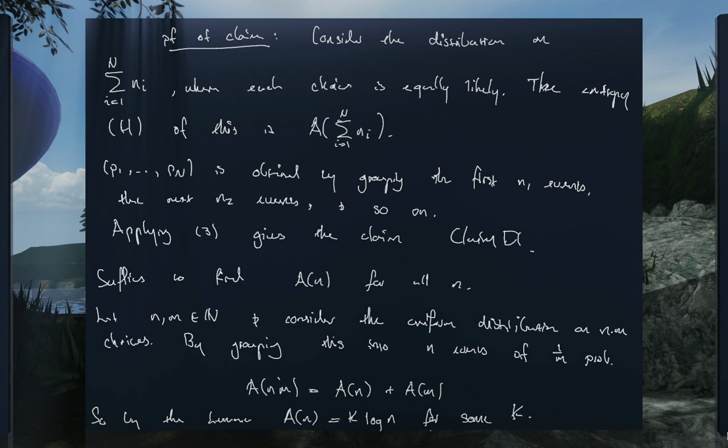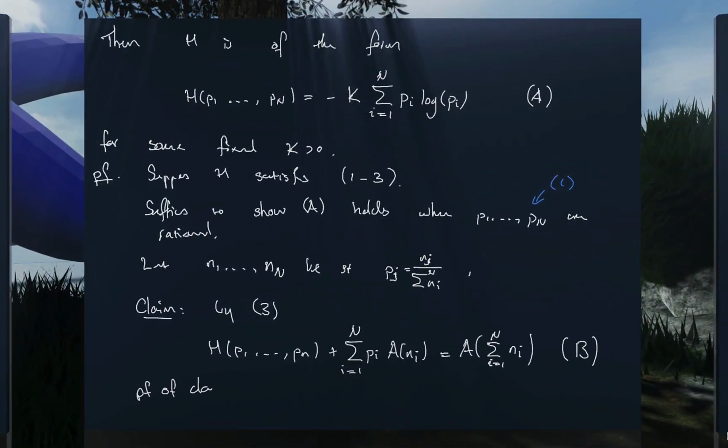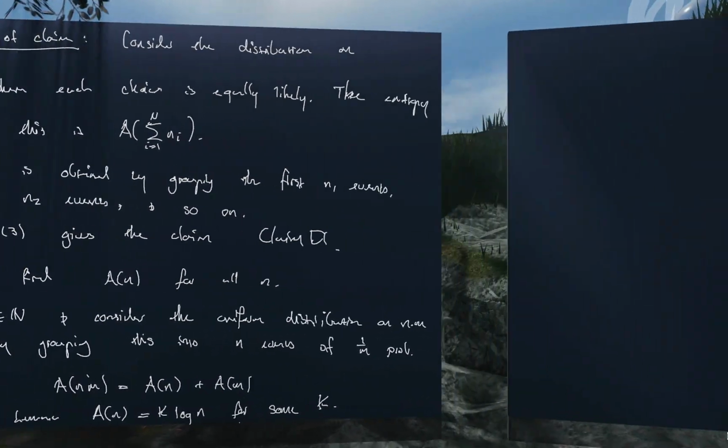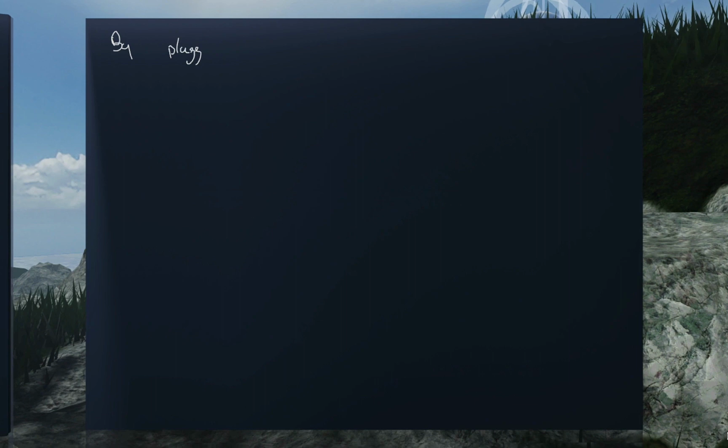Okay, and now it just remains to plug this thing back into our original equation. So I'll just make a note. We'll call the statement in that claim before equation B. And then by plugging this into equation B, we end up at the following.